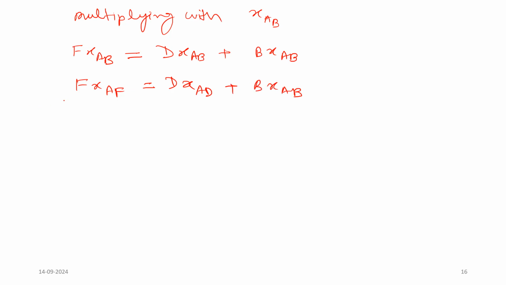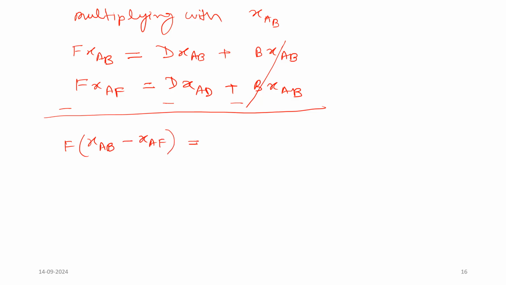Now if we subtract these two, the B XAB terms will be cut out. So what is left? F into XAB minus XAF equals D into XAB minus XAD.